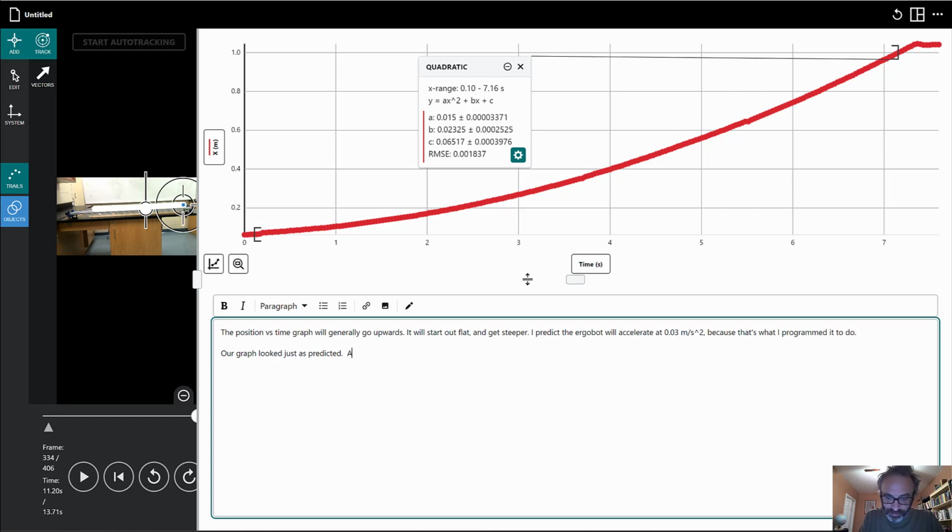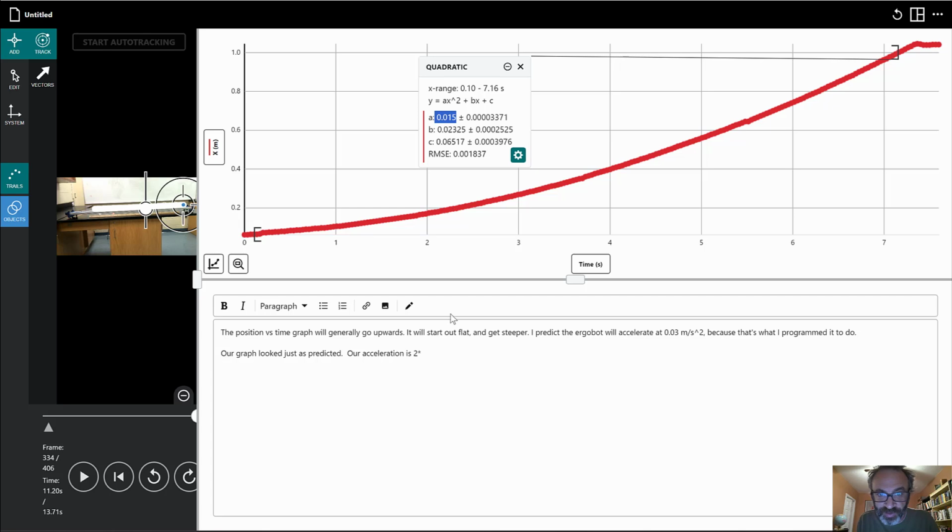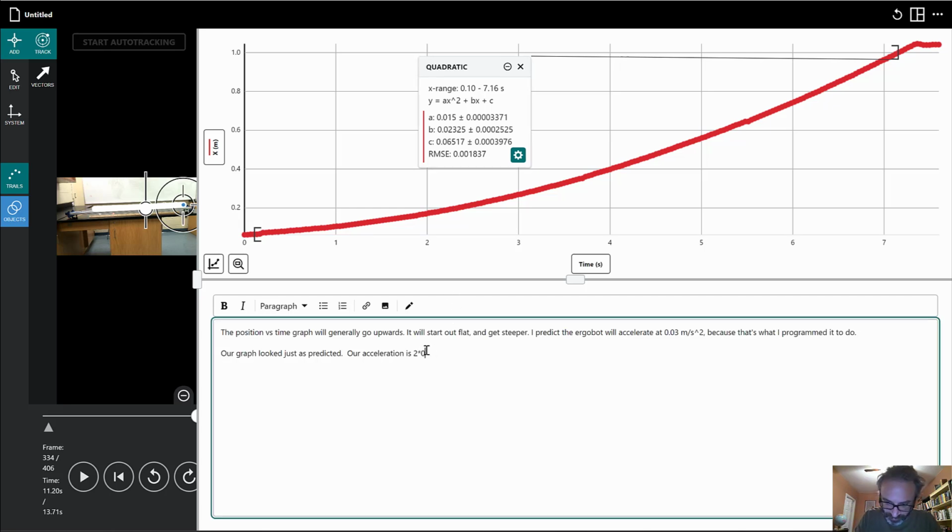Our acceleration is 2 times, we have to double the a parameter from our quadratic. So it's 2 times 0.015, which happens to be 0.03. And it does, wow.